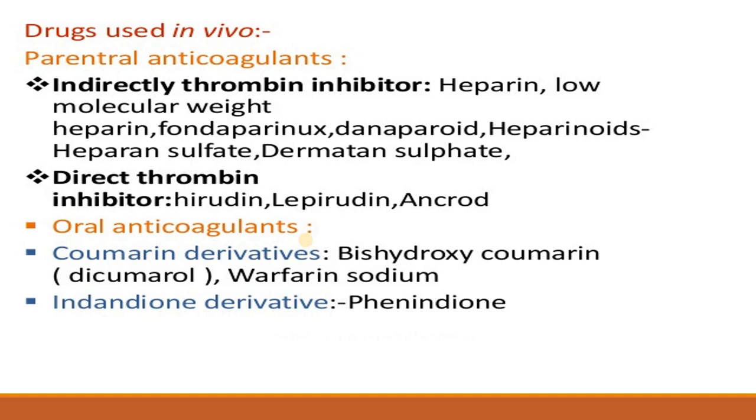Next are parenteral anticoagulants, indirect thrombin inhibitors: heparin, low molecular weight heparin, fondaparinux, and danaparoid. These drugs are heparin sulfate, dermatan sulfate. Direct thrombin inhibitors: hirudin, lepirudin. These are the direct and indirect thrombin inhibitors.